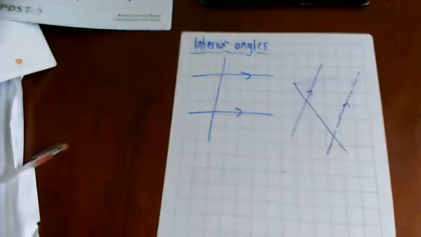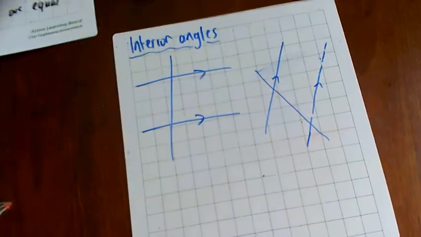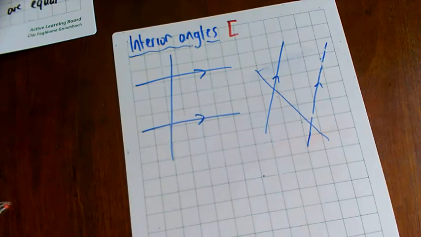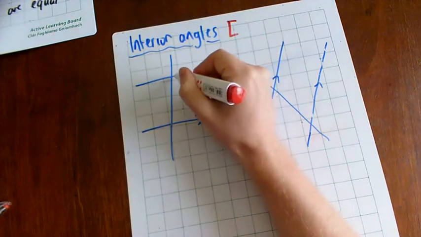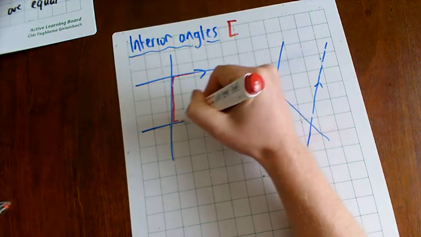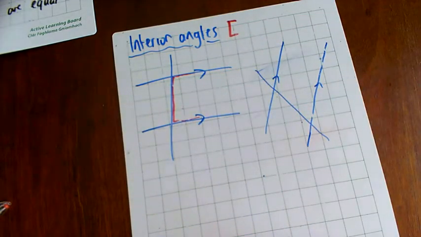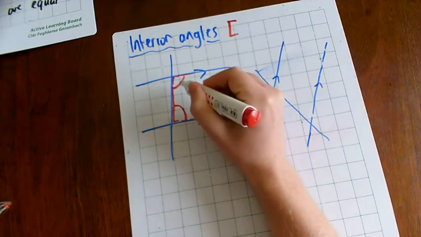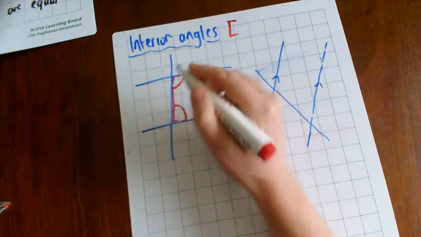Okay, we're on to interior angles. Interior angles are looking at a C shape. We can see it here. There's a C shape. Now these are slightly different from the others. This one you'll probably use the least. This angle and this angle inside the C are not equal.